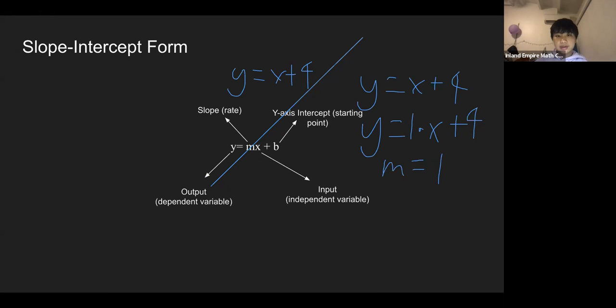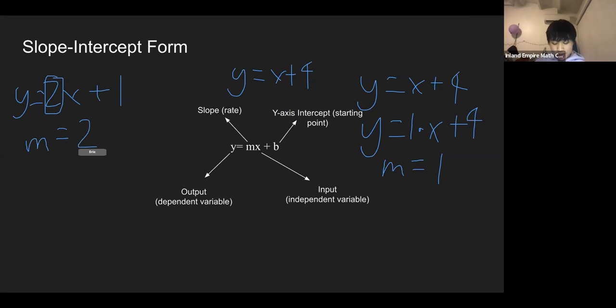But for the other one, y equals 2x plus 1, m would equal 2, because this coefficient, the number that multiplies the variable, is 2. So for the first equation, m equals 1, and for the second equation, m equals 2.